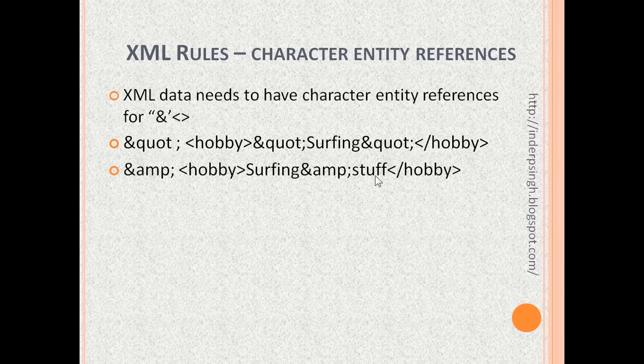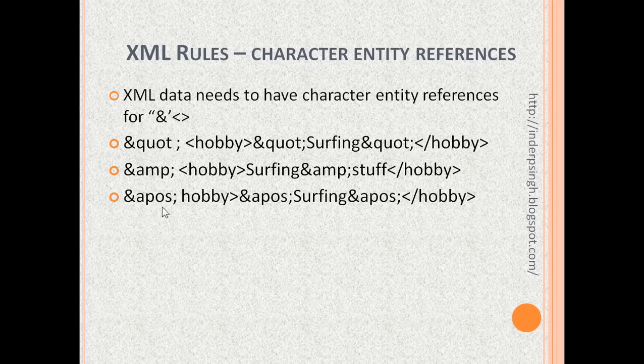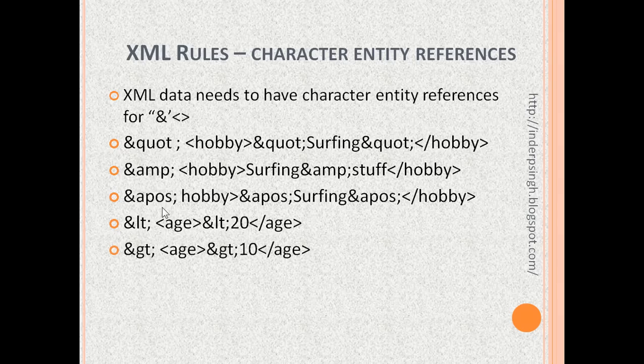Same thing for the ampersand sign. We cannot just have an ampersand as a part of the XML value, so we have to use this character entity reference for that. Same thing for the apostrophe symbol, and same thing for the less than sign and greater than sign. This is similar to the HTML entity references.